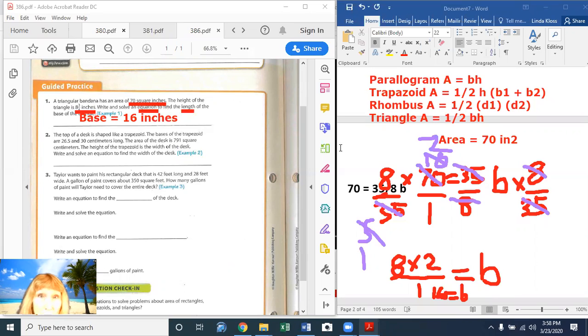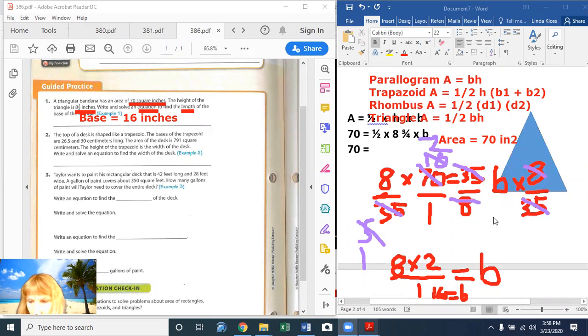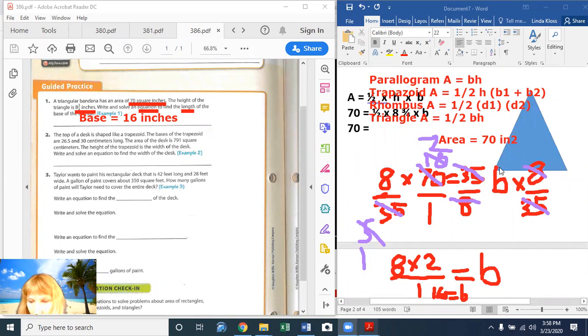If you are wondering whether you got the right answer, you could go back up to your triangle here, which isn't labeled anymore. You can take the base, which we know is 16, times the height, which was given in the problem as 8 3/4, and plug that into the formula for finding the area of a triangle: 1/2 the base, 16, times 8 3/4.